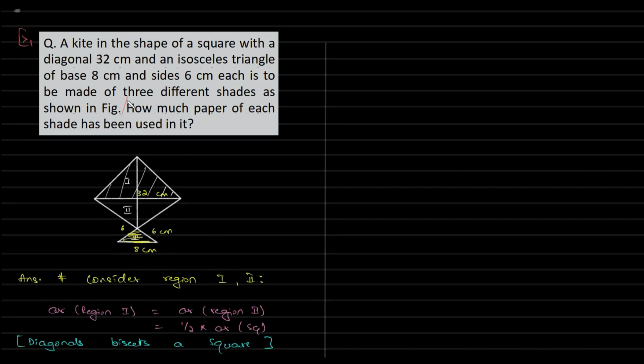Right, with this reasoning we can continue the calculation. Area of a square is given by half of d1 into d2, where d1 and d2 are the diagonals.